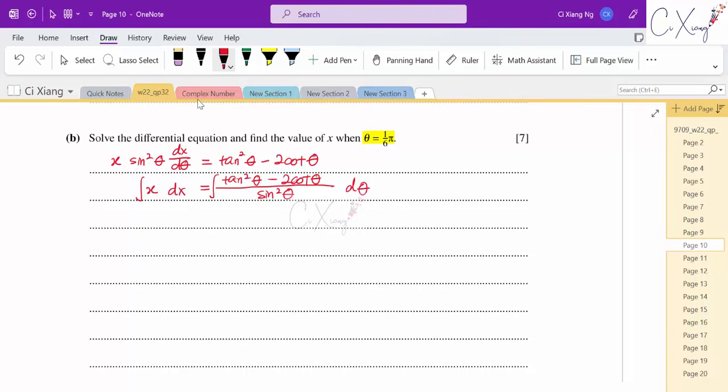So once we separate the variables, we can put the integration sign and proceed with the integration process. Integrate the x, I'm having x squared over 2. For the right hand side, before we can integrate it, we might need to slowly simplify first. Tangent square theta divided by sine square theta. So I write it out like this first.